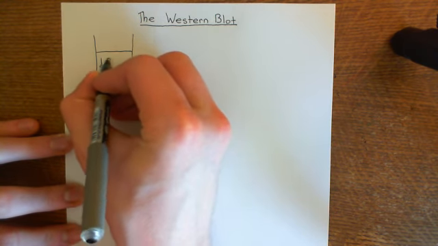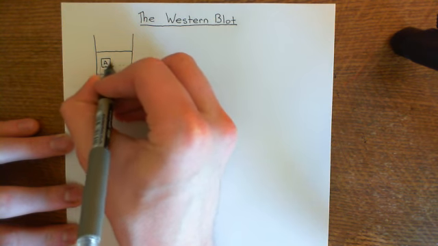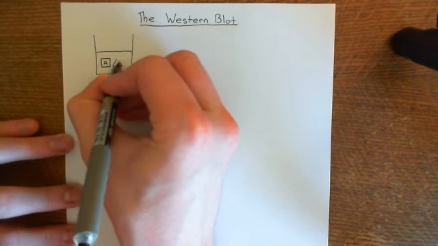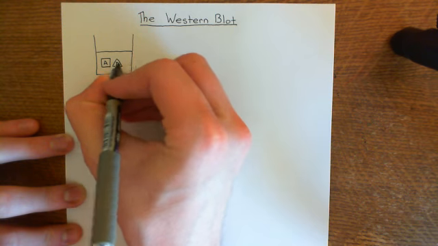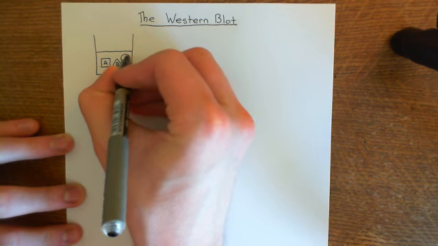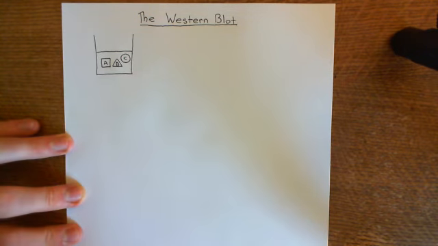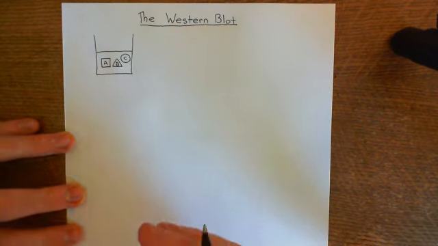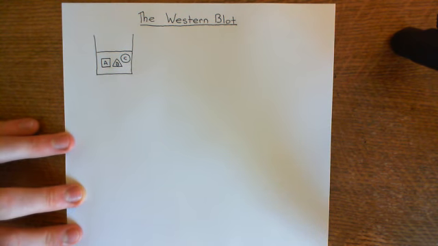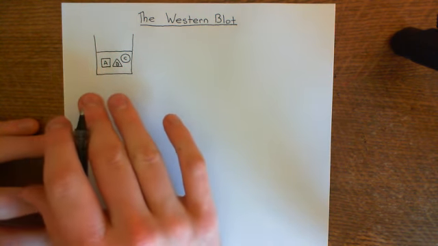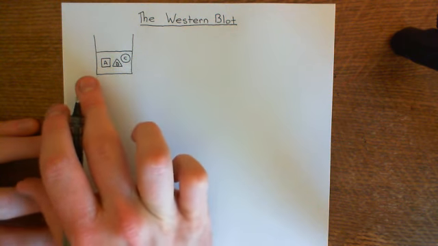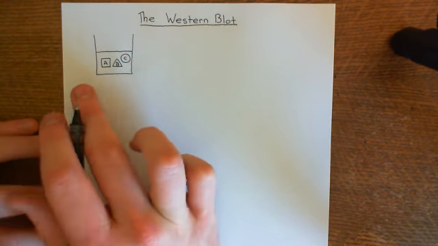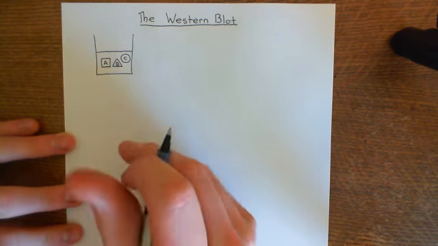So let's say we have protein A here, protein B here, which we'll draw as a triangle, and one more, protein C. We won't go any further than that, but of course there could be a huge number of different proteins in this solution. Now basically, we want to be able to decide whether in this mixture of proteins, protein A is present or not. So that is basically the motivation.